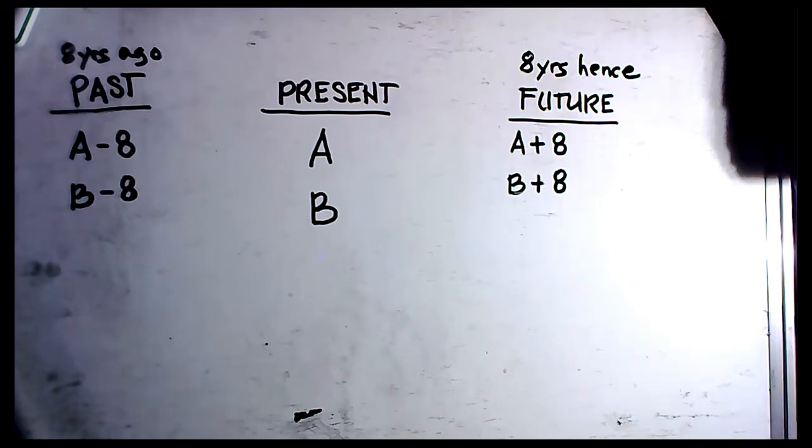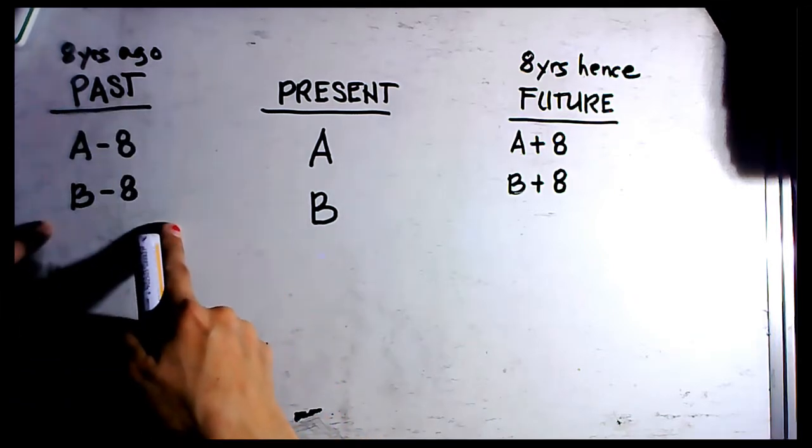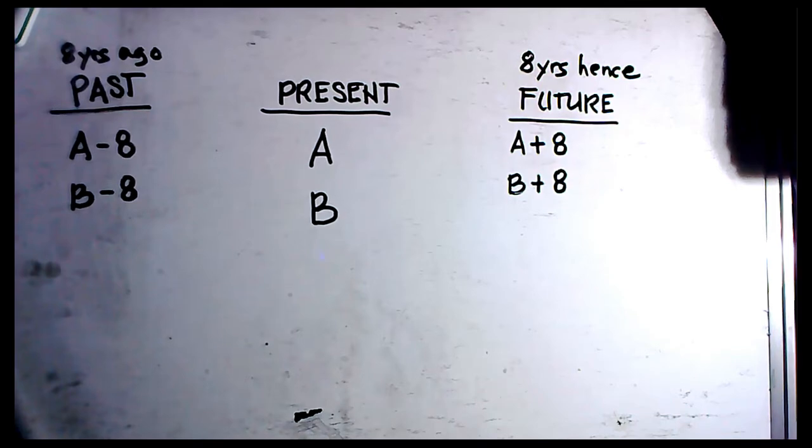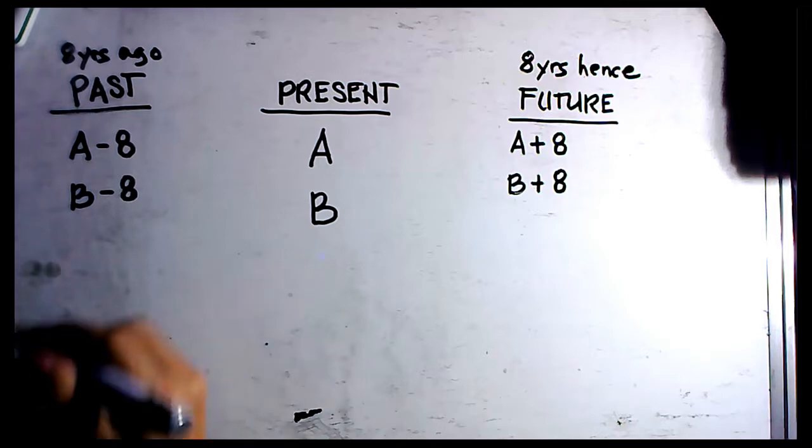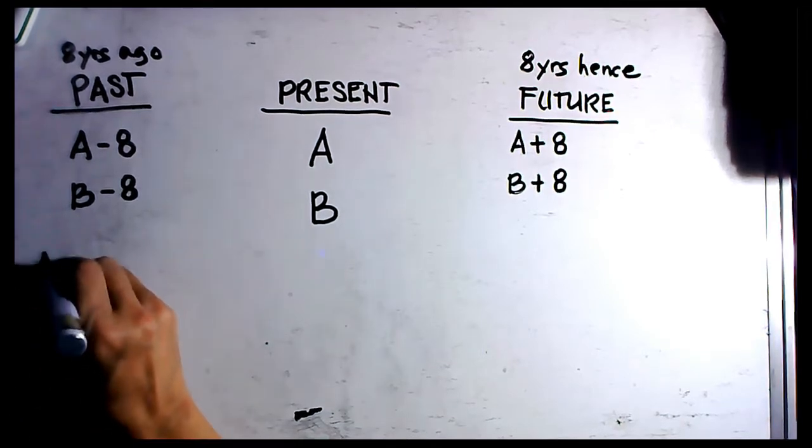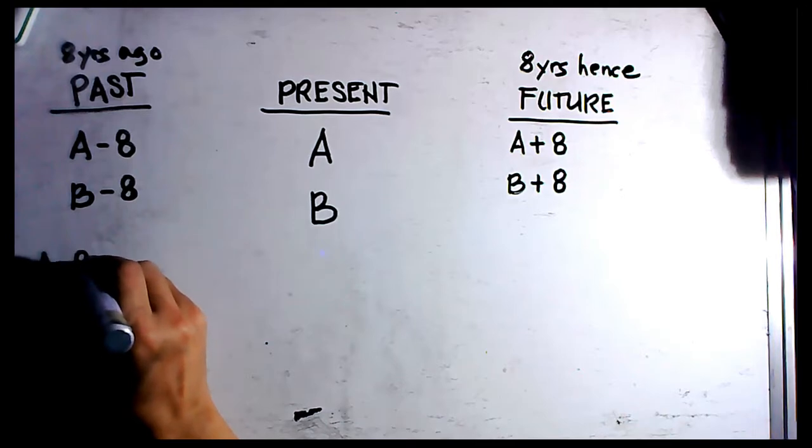So continuing with the given problem, A was 4 times as old as B 8 years ago. If you look at this past representation, the age of A 8 years ago is A minus 8.